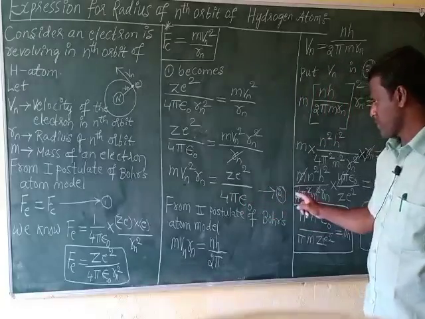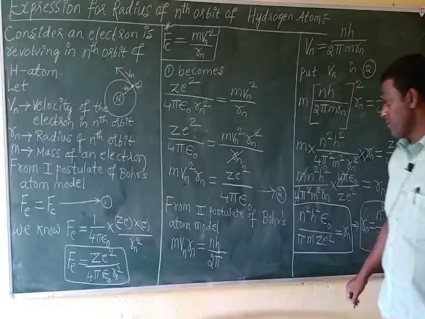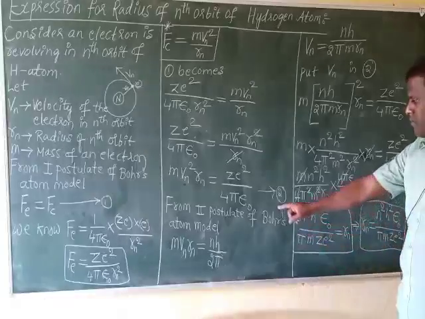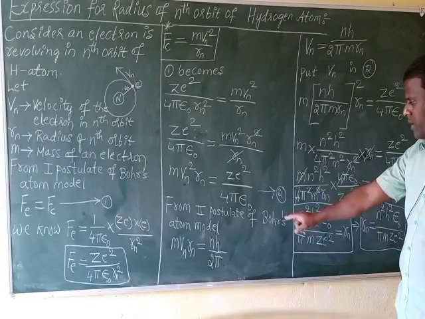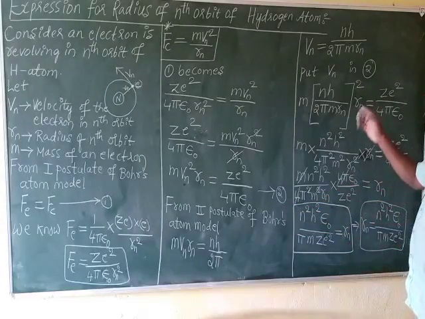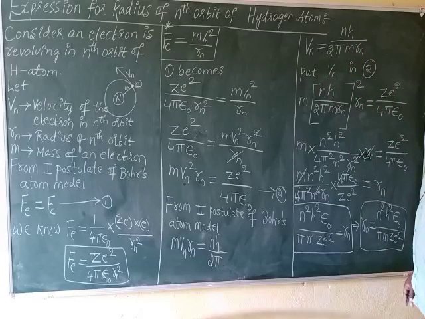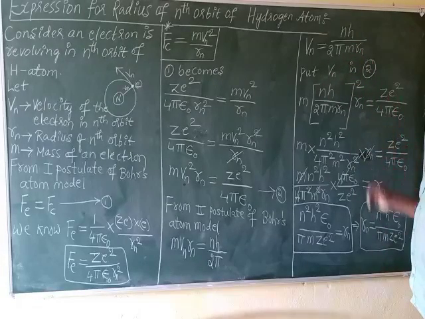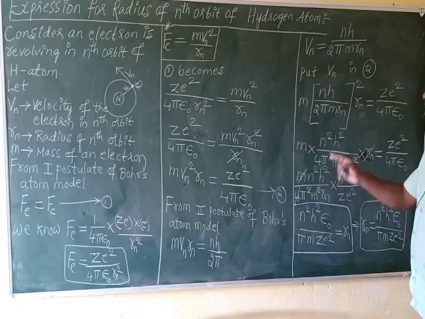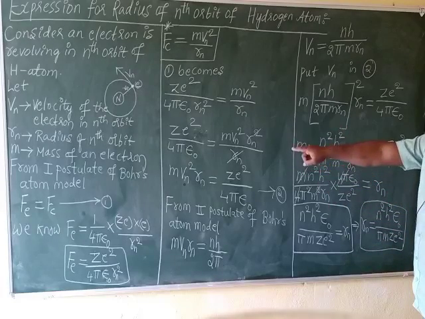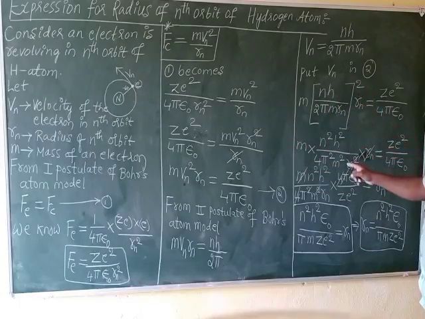Equation number 2. From the second postulate of Bohr's atom model, m vn Rn equals nh by 2 pi. From this, separate out vn: vn equals nh by 2 pi m Rn. Put vn in equation number 2, and square it, and you will get this.